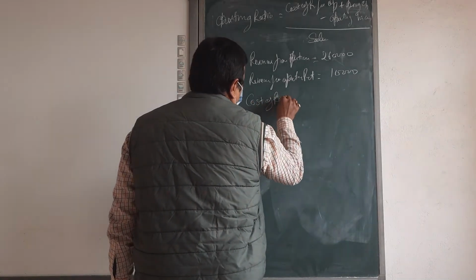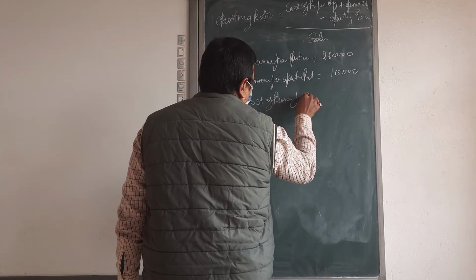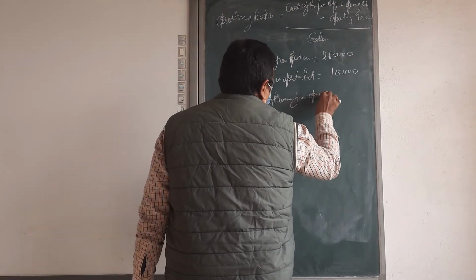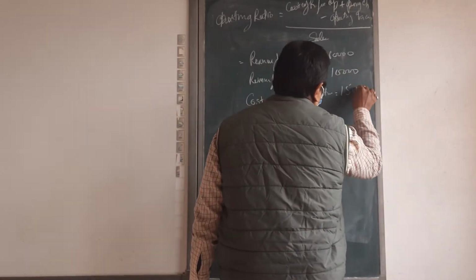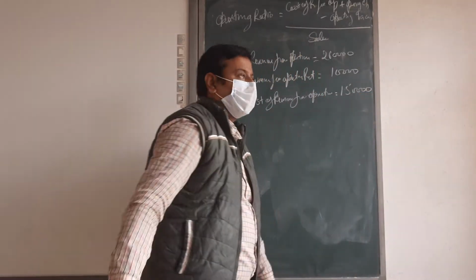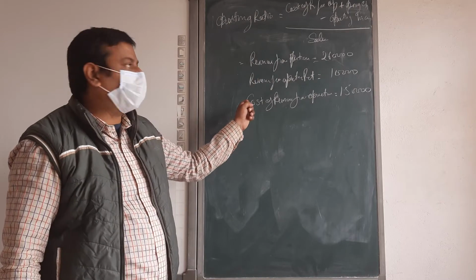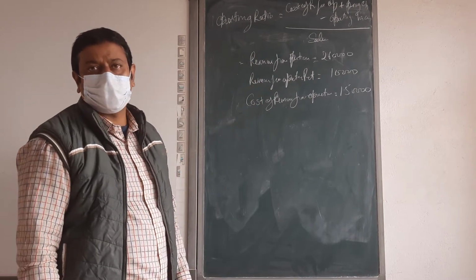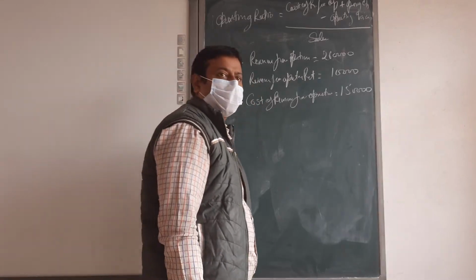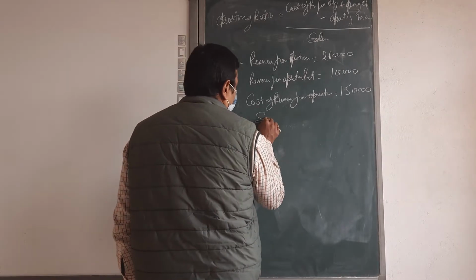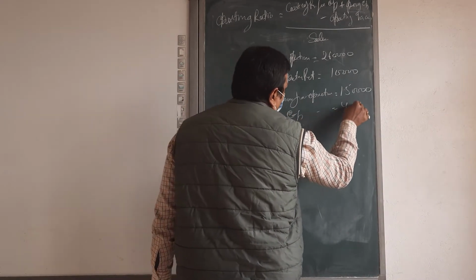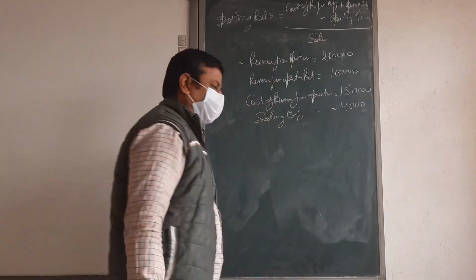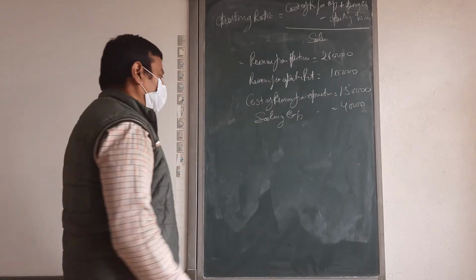Cost of revenue from operation amount 1,50,000. It's the cost of goods sold, beta. It's the sales, it's the cost of goods sold and it's the sales return. Okay, next, selling expense 40,000. Next, administrative expenses 20,000.